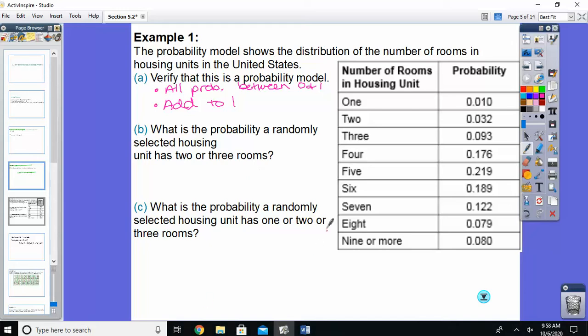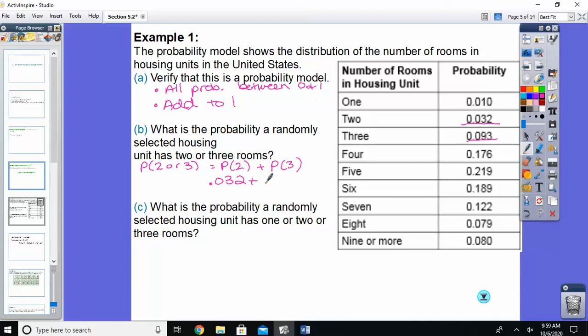B, what's the probability that a randomly selected housing unit has 2 or 3 rooms? So the probability of a 2 or 3 is just the probability of having 2 plus the probability of having 3. We're using our formula. The probability of having 2 rooms is 0.032.